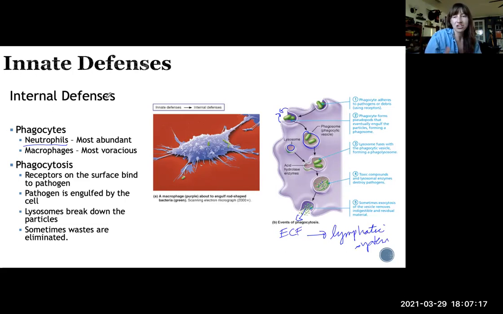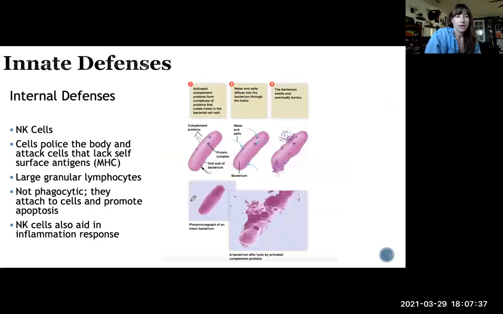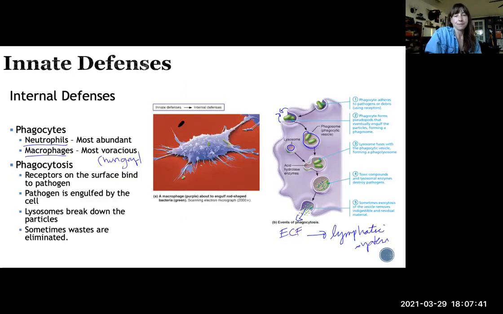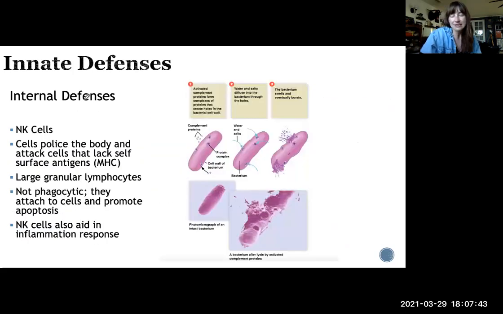And then macrophages are these relatively very large cells that just go around consuming everything. They're very voracious. They eat a lot. Very hungry. Hungry, hungry hippos. Right, okay, so you have your phagocytes, which do phagocytosis, eating stuff as they find it.